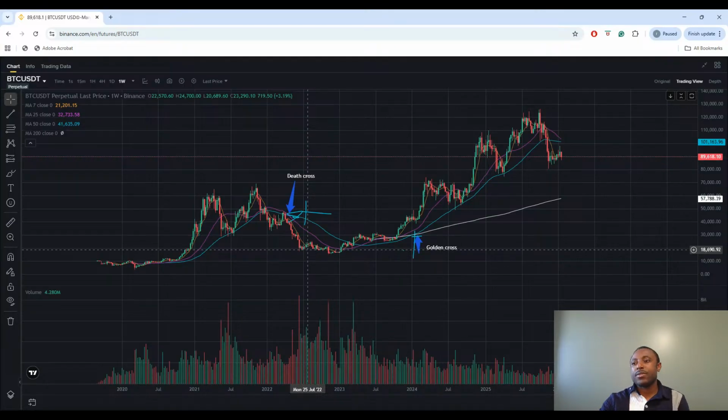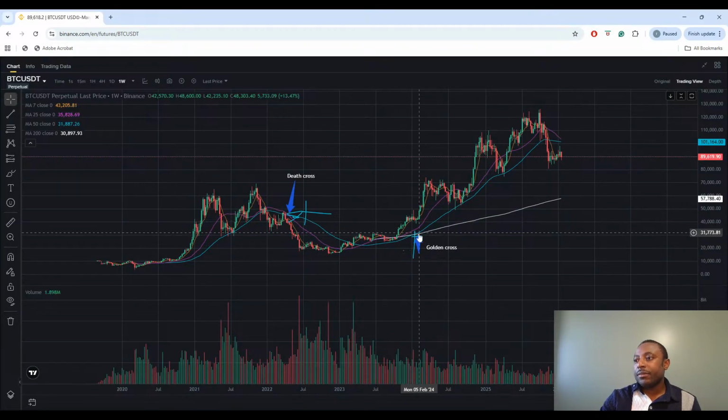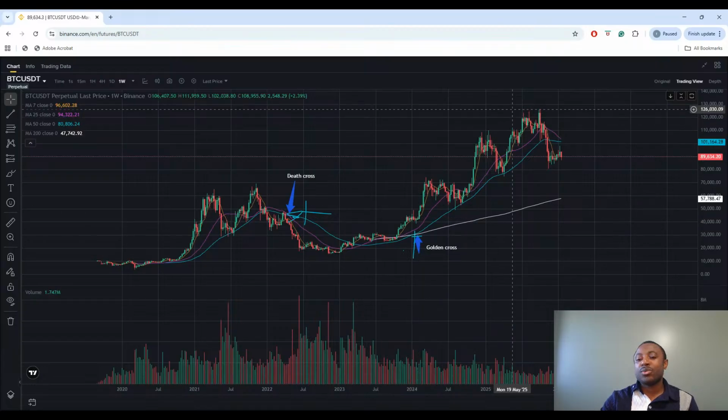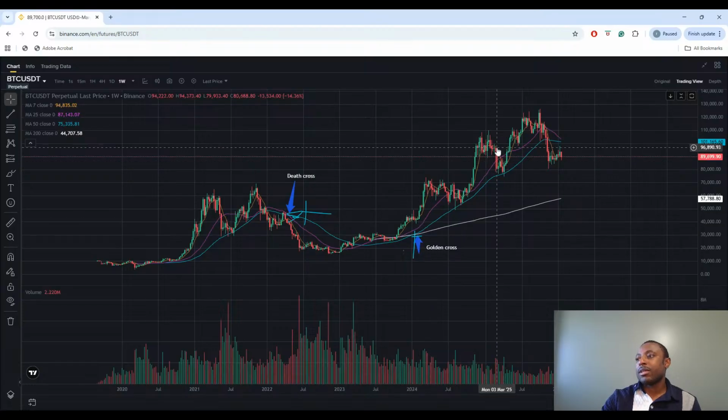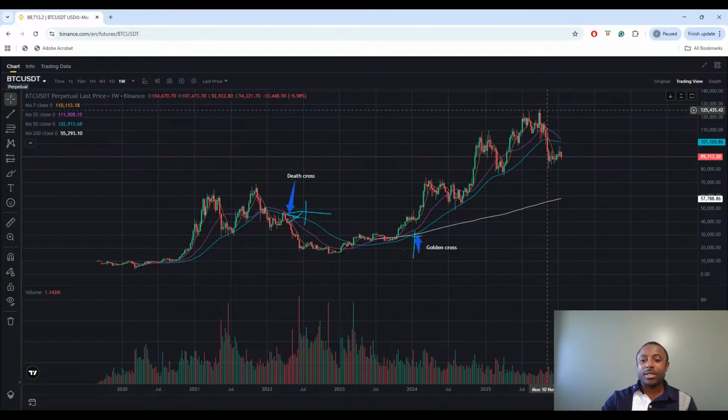Now, when there was a golden cross here, in January 2024, the price rallied up from 42,000 all the way to 126,000. That's 3x, right?